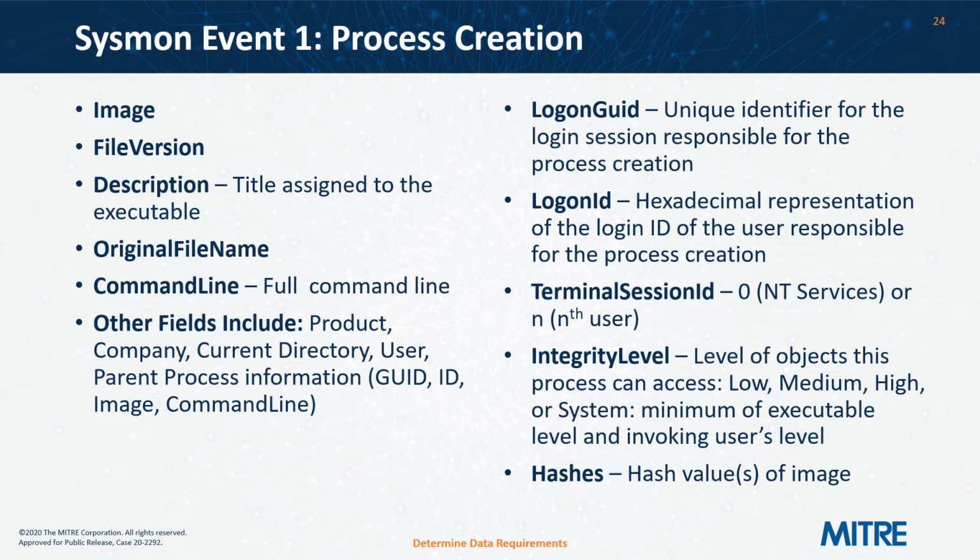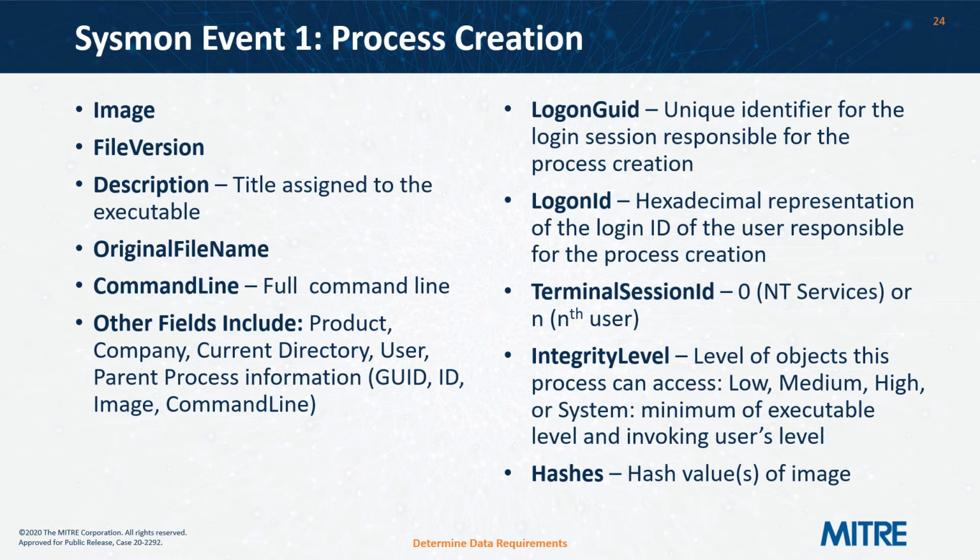One of the most useful events produced by Sysmon is event code 1, process creation. This event is triggered whenever a process is created, as the name implies, and provides valuable information about that new process. These additional fields can be used in the filtering step during data collection, as well as in analytics. In addition to the fields we've already reviewed, process creation events include the full command line associated with the process creation, which can provide great insight into the command line activity and help distinguish malicious from benign use.